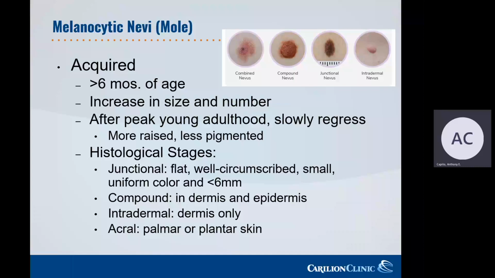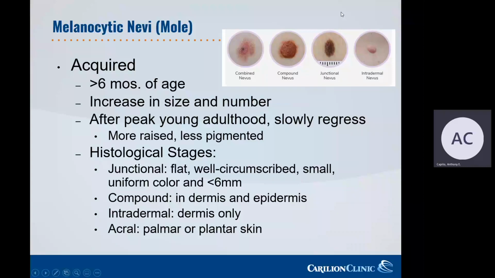There are different stages. There can be junctional, which are flat, well circumscribed, uniform in color, and all of them should be less than 6 millimeters, which is the head of a pencil eraser. If they're compound, meaning that they're a little bit elevated from the tissue, that means that the melanocytes have penetrated a little bit more deeply into the dermis. That gives them the elevated appearance.